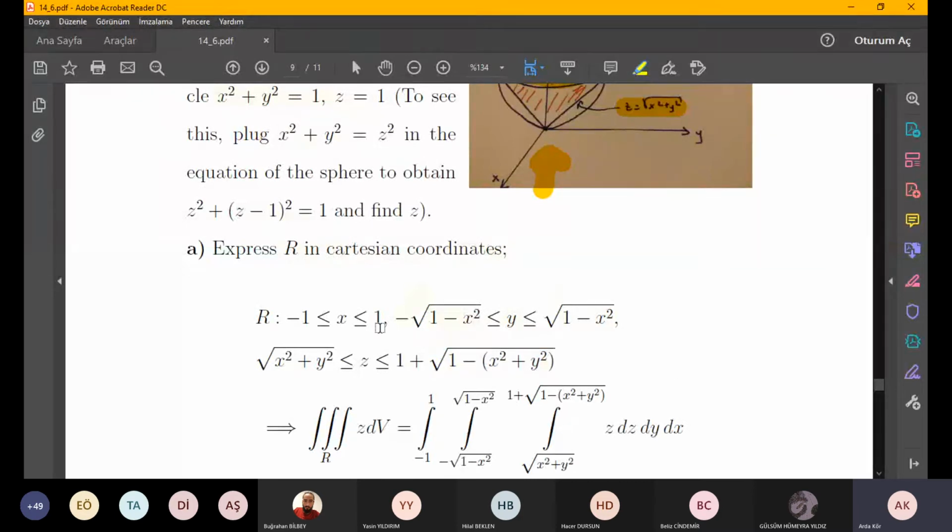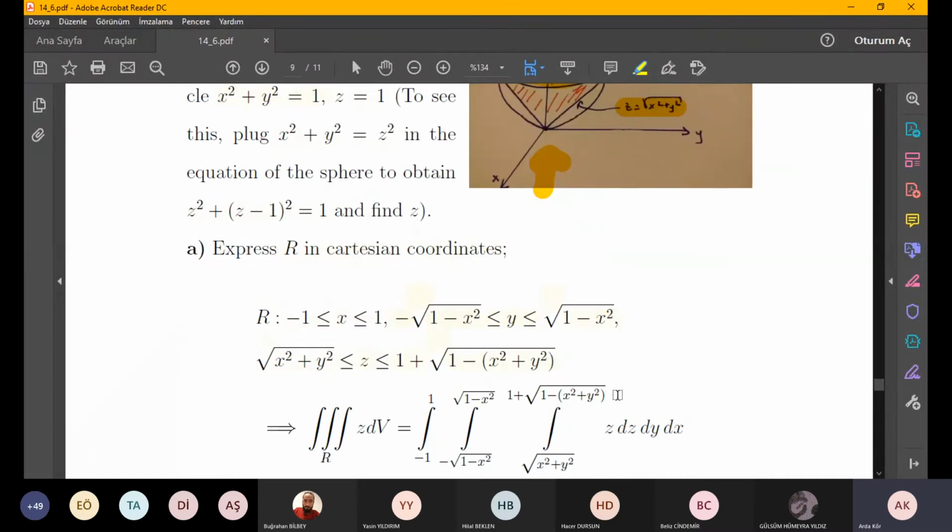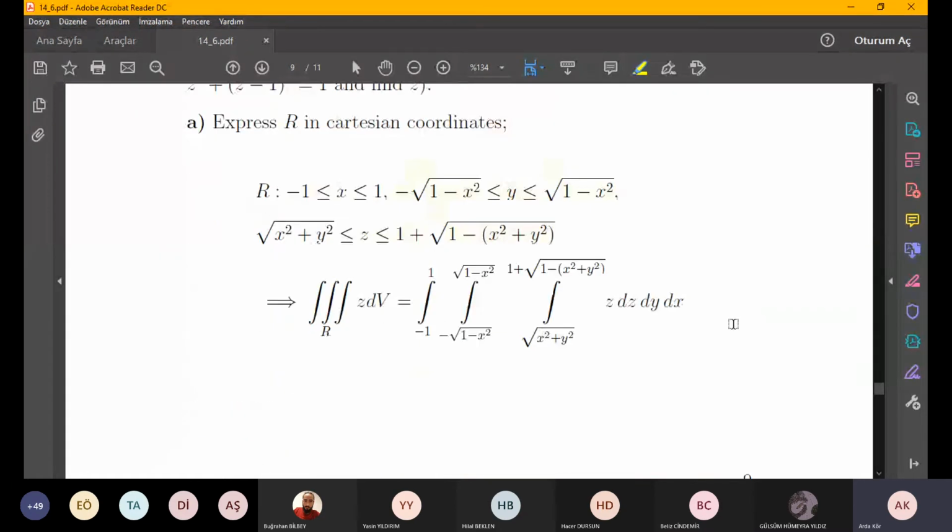So after you write the limits of integration for x, y, and z, now you just write the function. It is not any function, sorry, I was wrong, it is z. So f(x, y, z) is z, so it will be the integral of z times dz dy dx, which is dV.